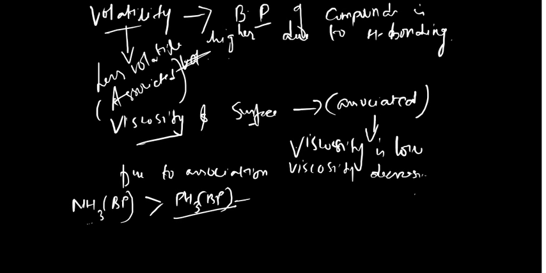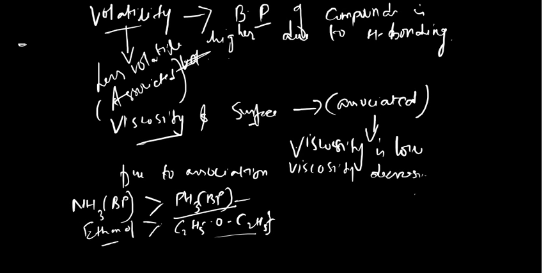Similarly, if you look at ethanol, we know that ethanol has hydrogen bonding, so its boiling point is greater than that of diethyl ether, right? This is the formula for diethyl ether. On the same grounds that there is hydrogen bonding in ethanol, its boiling point is higher than diethyl ether, because diethyl ether does not have hydrogen bonding.